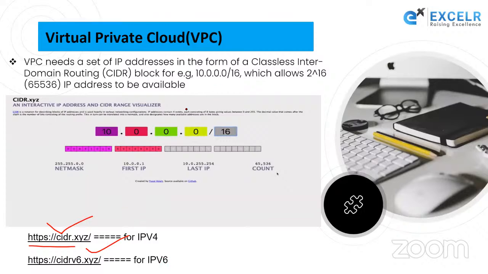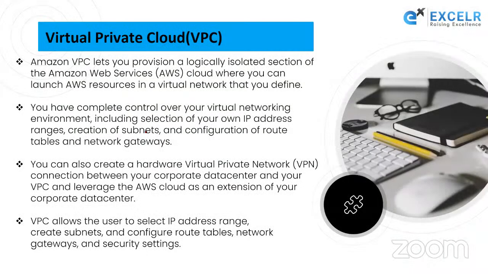Now we have understood IP addresses, public IP addresses, private IP addresses, and so on. Whenever you are using your AWS environment, AWS provides you your own private isolated network on the cloud, and that is done by your VPC, virtual private cloud.